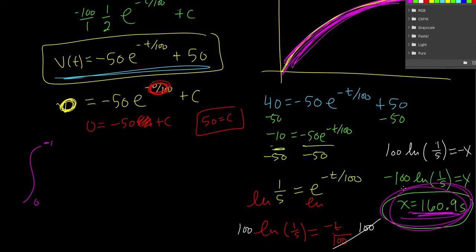So we have this thing and then 0. I'm going to write in the exact value, so 100 natural log of 1/5. And then we're just going to take the integral of the velocity function, which is negative 50 e to the negative t over 100 plus 50.